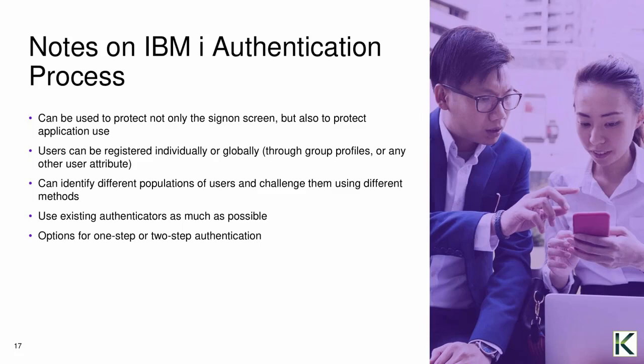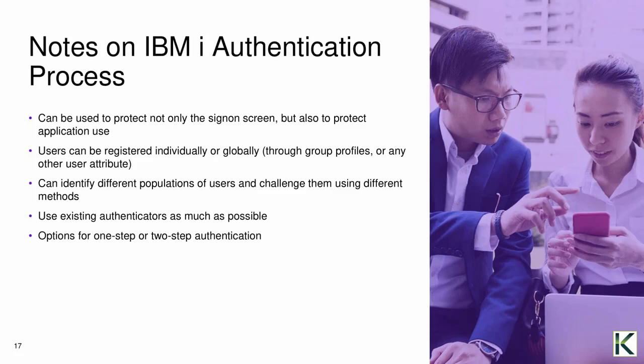Another example would be QSECOFR between business hours, 9 till 5, Monday to Friday, but that's okay. But if QSECOFR is trying to do something at 2 a.m. on a Sunday, well, that's going to be something out of the norm, and you want them to authenticate. So that's how we can start adding dynamic rules which try not to impact the users too much, but are there to authenticate when they need to.